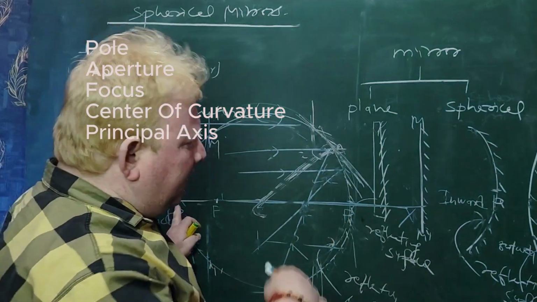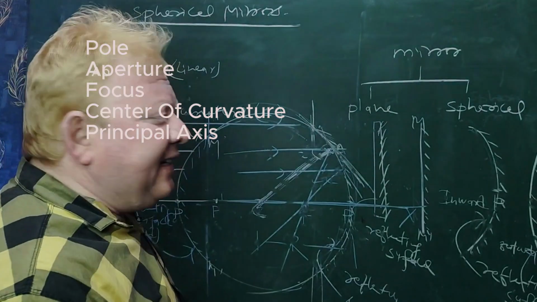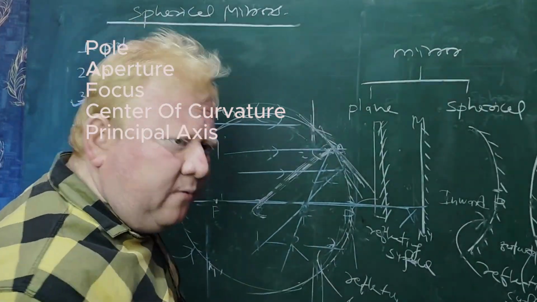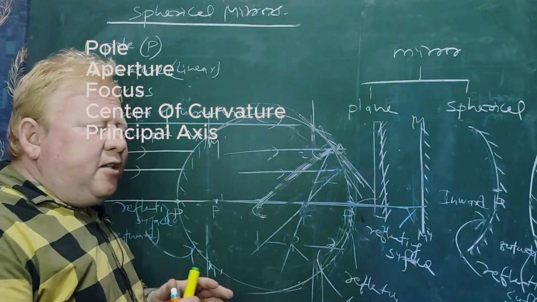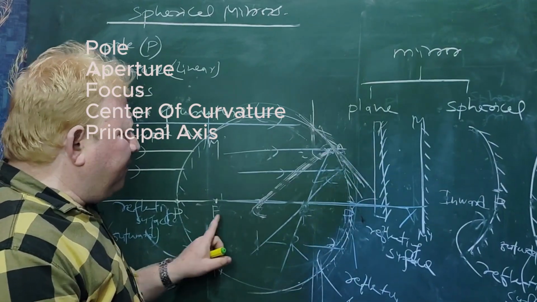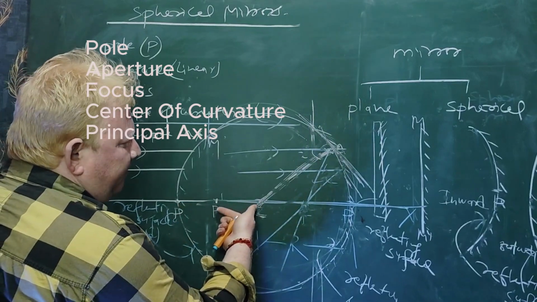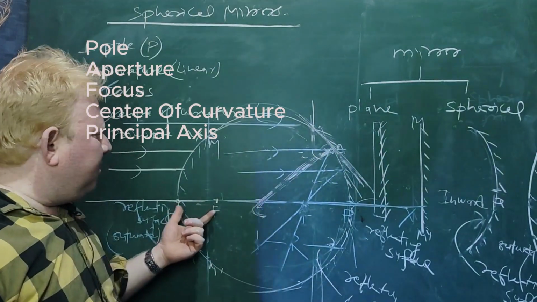Later on we will come to the topic of what is happening geometrically and show that also. But now I am telling you PF is equal to CF, right? This distance is equal to this distance.